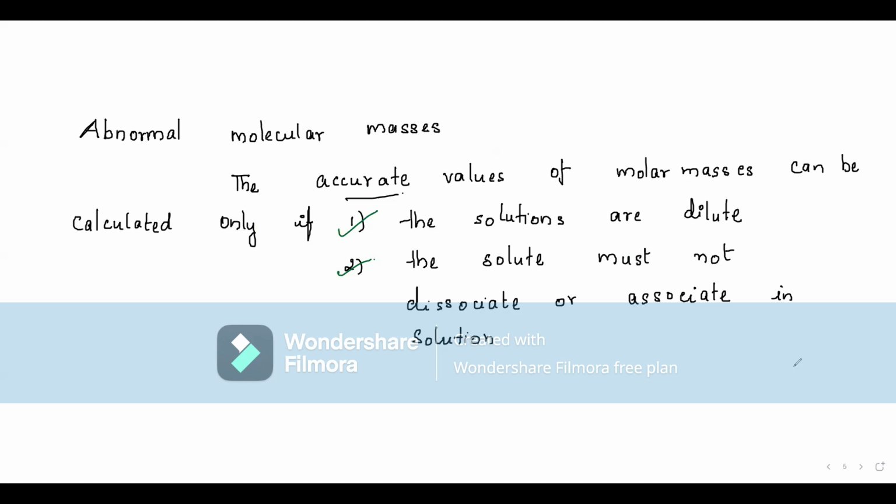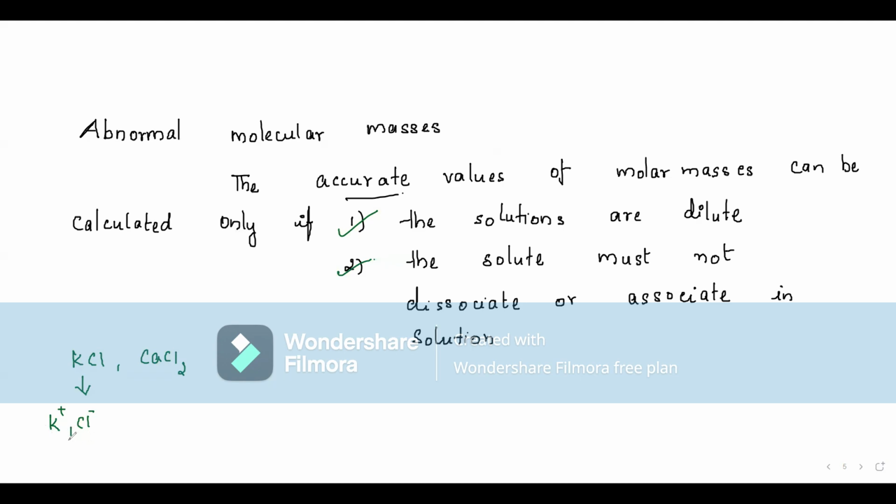So what does this mean? The solute must not associate or dissociate. There are certain solutes like KCl or CaCl2, ionic compounds. The moment you dissolve them in water, they produce ions. Suppose your solute is KCl and you take 1 mole of KCl; that KCl will dissociate to give you 2 moles of ions.